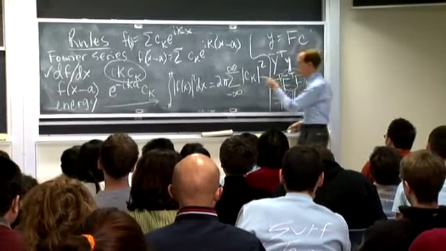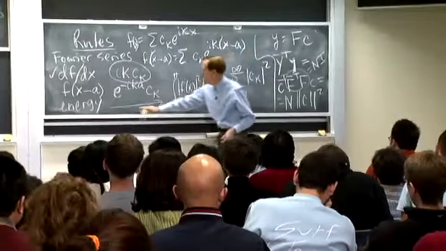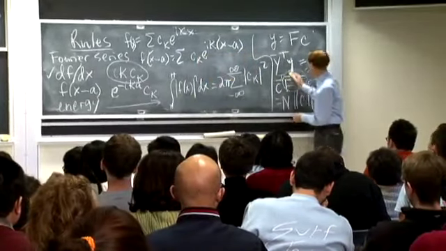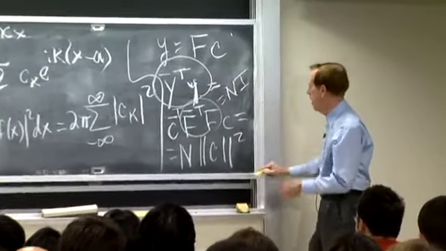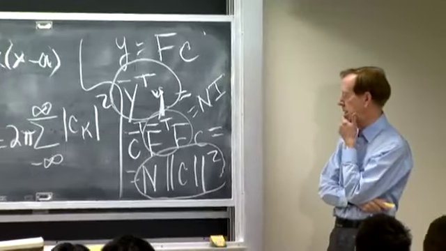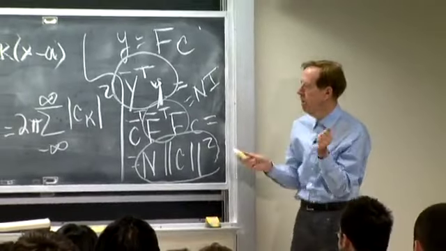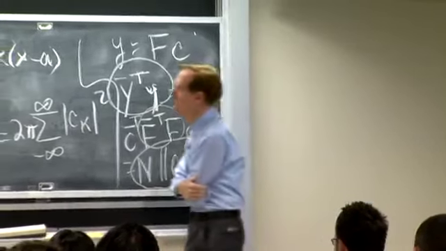But we saw the discrete analog of the shift, and now we see the energy inequality is just that the length of the function squared is equal to n times the length of the coefficients squared. Right? Okay with that? Lots of formulas here.